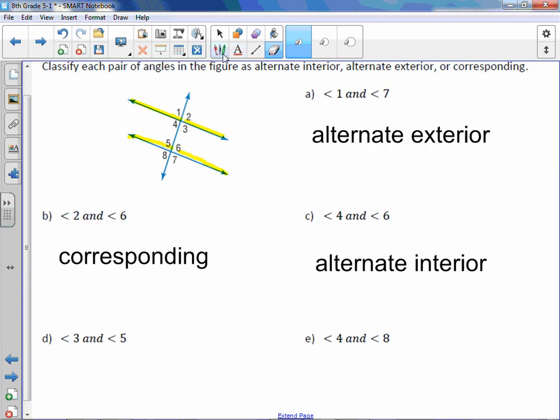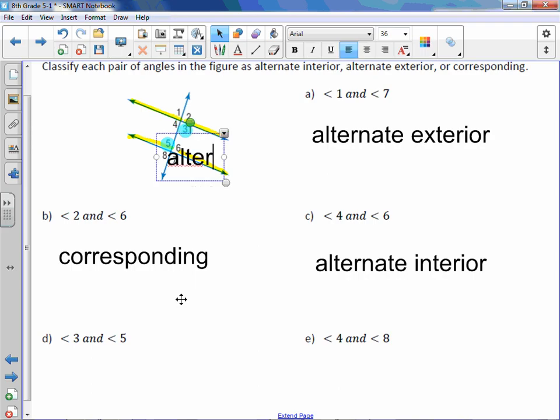Angle 3 and angle 5. They are both on the inside of those parallel lines, and they alternate the transversal. Therefore, again, they are alternate interior.